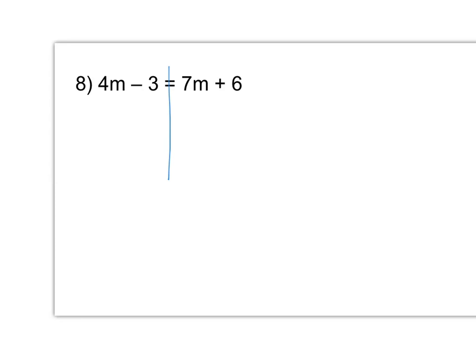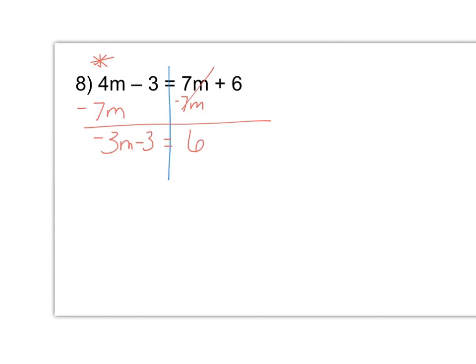So if I want my variables on the left side, I like my 4m there, but I don't like my 7m, so I'm going to do the inverse of positive 7m, which is to take away 7m, and if I do it on this side I've got to do it to the left. 4m take away 7m is negative 3m. I'm bringing down my 3 is equal to, those cancel out, and I'm left with 6 on the right side.